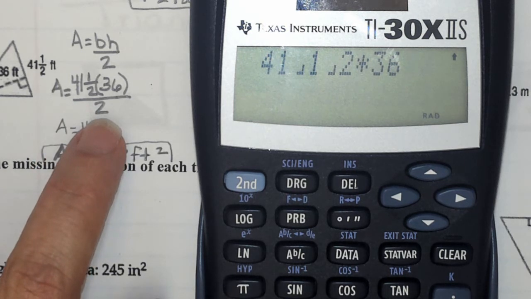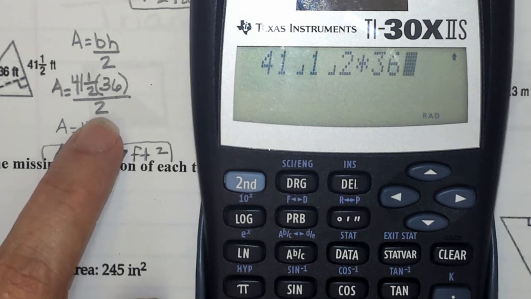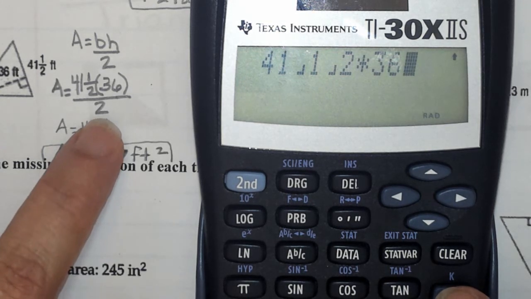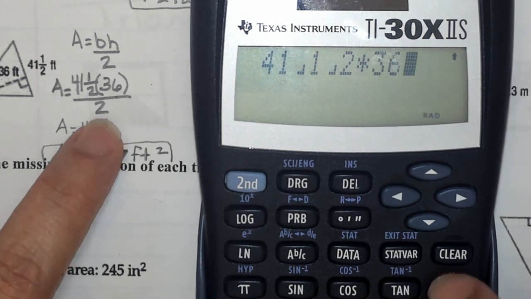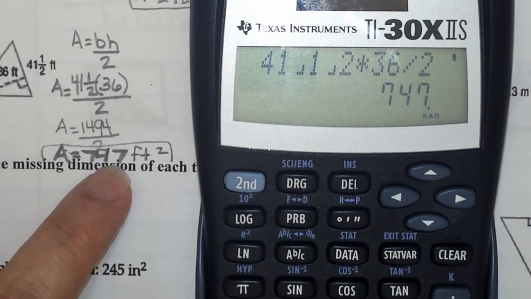Now it's 36. Did you do that part? Yes, I did divided by 2. If you do divided by 2 here with this calculator and hit equals, you should still get 747.